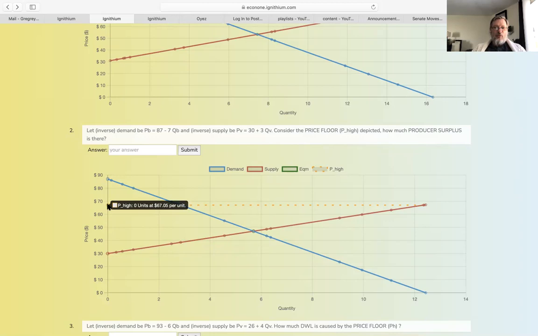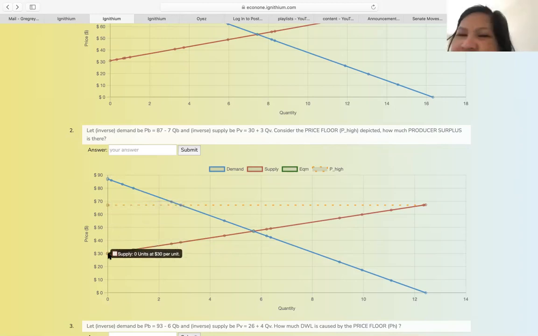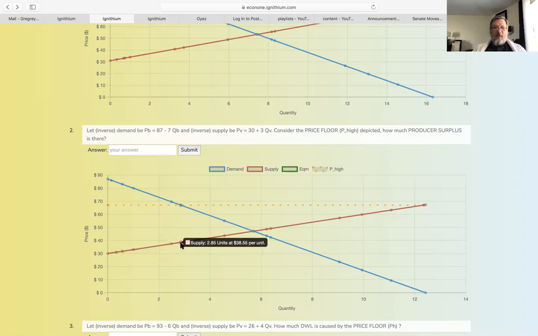So for base 1, I'm going to do 67.05 minus 30 equals 37. So that's base 1 plus base 2, which is again 67.05, and the price there for the second base is where this price floor crosses the demand curve, because that's going to be the quantity that the buyers purchase, and the height of the supply curve there is 38.55.